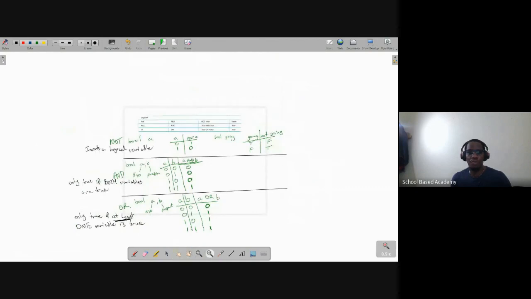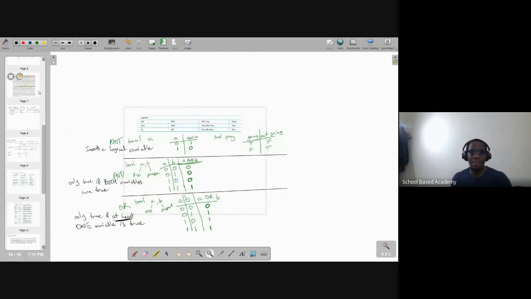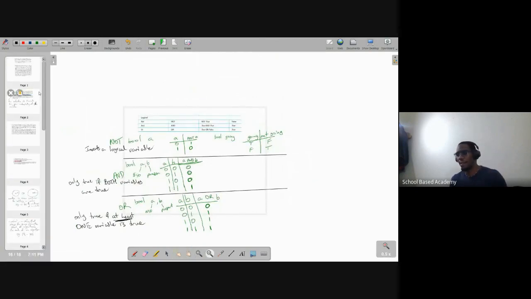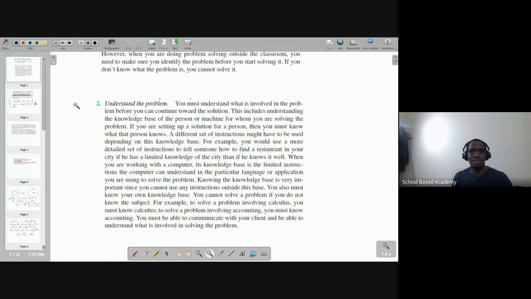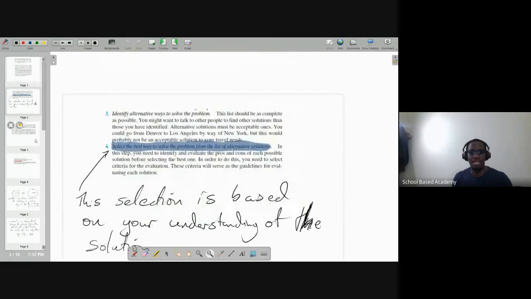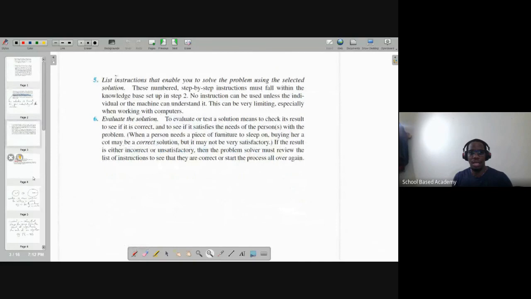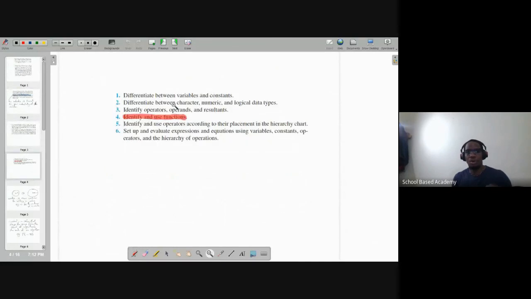So what did we do today? Just a quick recap. We went through the syllabus. We didn't take a look at the SBA. Maybe I could do that with you all sometime later down. I promise to at least talk about that at some point. We started by looking at the problem solving process. We talked about variables and constants.